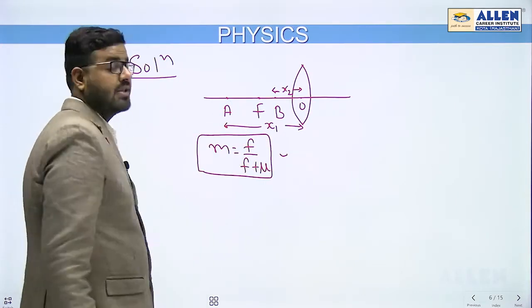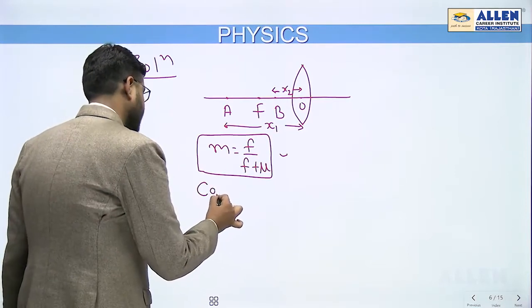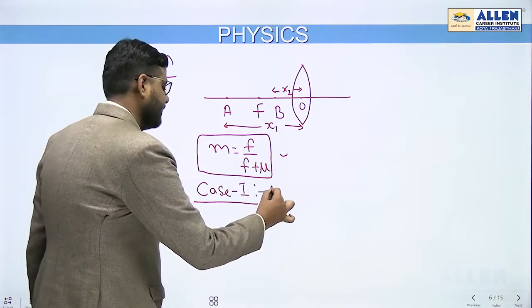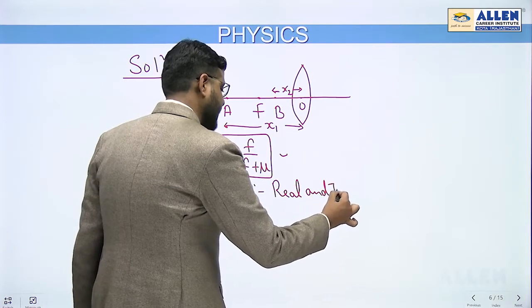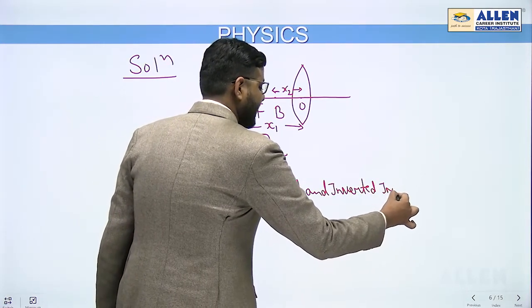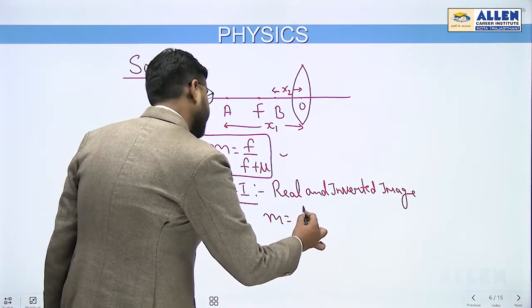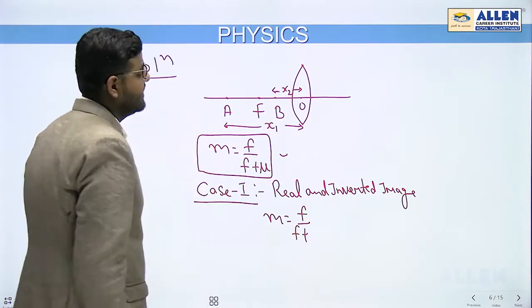Now in the first case, when the image formed is real and inverted, m equal to f by f plus u, that is the object distance.